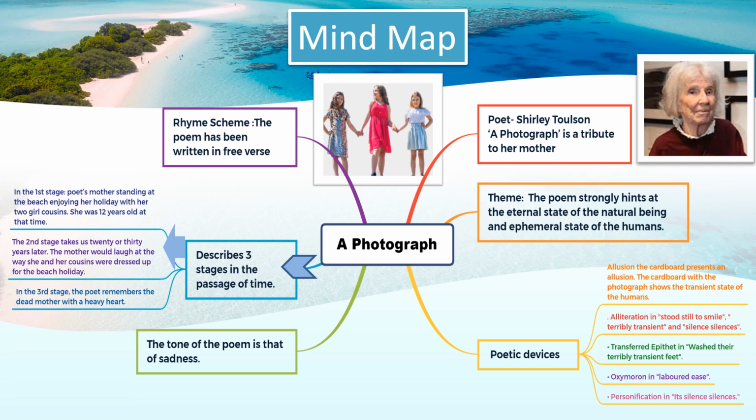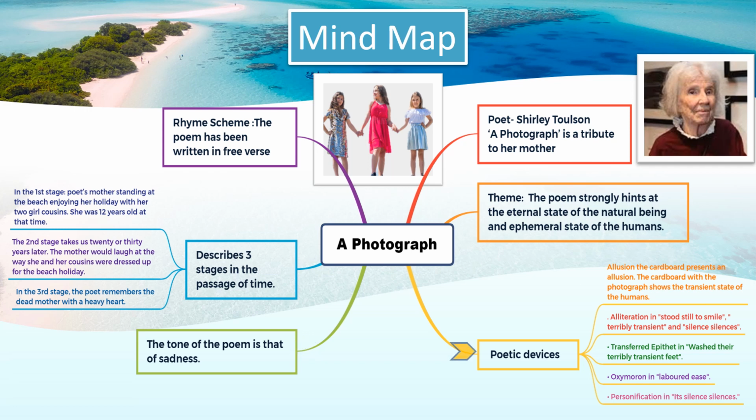The mother would laugh at the way she and her cousins were dressed up for the beach holiday. In the third phase, the poet remembers her mother with a heavy heart. It dwells on the transience of life and the poet coming to terms with the muting silence. The tone of the poem is that of sadness.